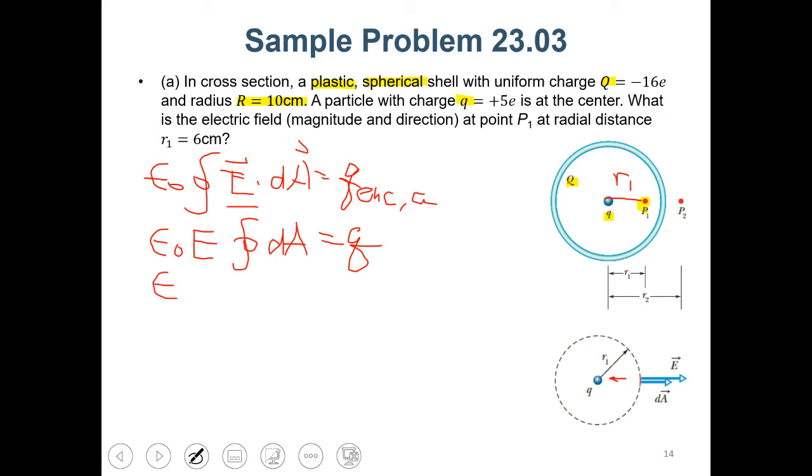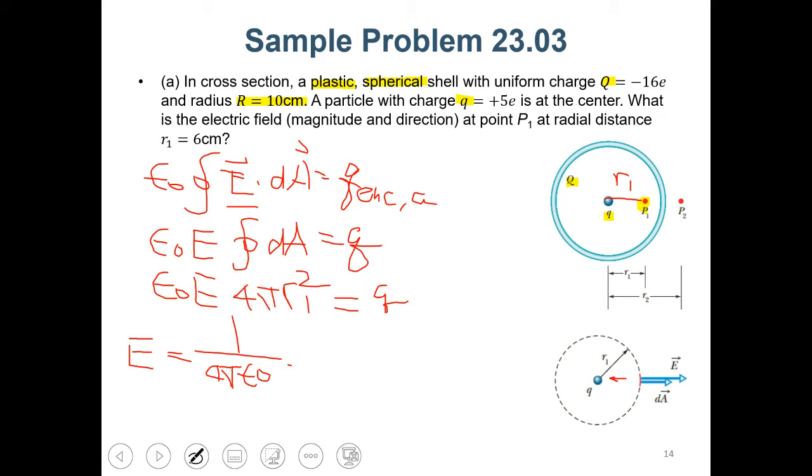It is nothing but epsilon naught E 4 pi R1 squared equals small q. So E should be the inverse of 4 pi epsilon naught, multiplied by q, which is 5e, over R1 squared.